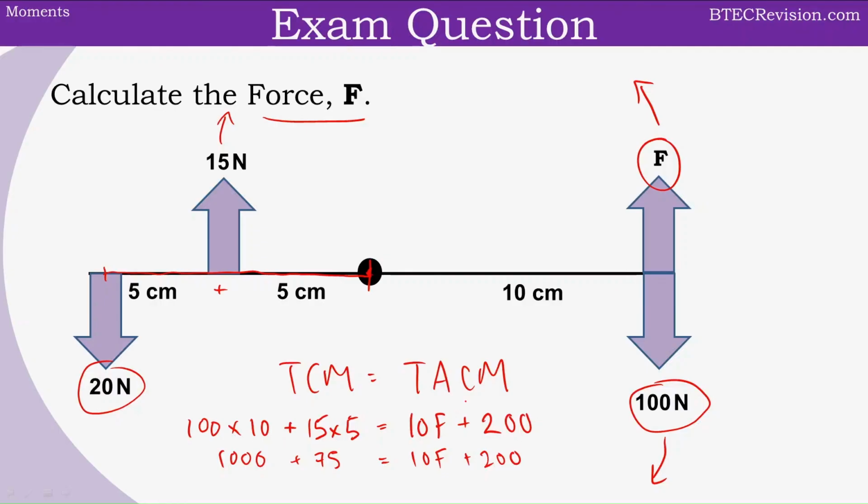Okay, rearranging this, that's going to be 10F is equal to 1,075 take away 200, which is 875. Therefore, F is equal to 87.5 newtons.